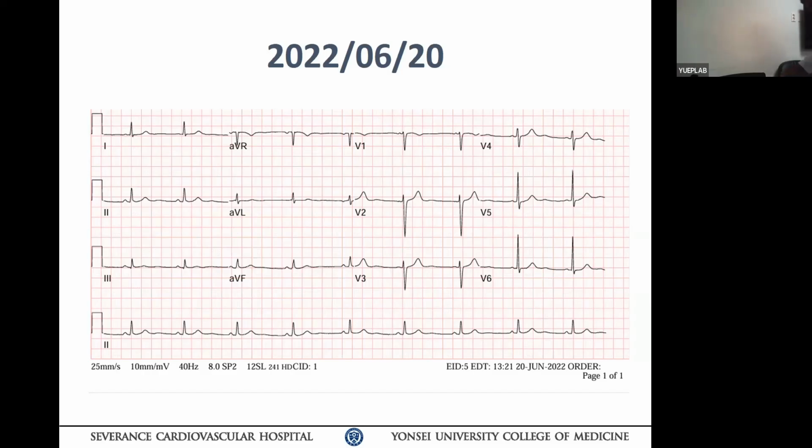First of all, the heart rate is about 70 to 80, and the axis is good: on lead 1 we can see it is positive, and on lead aVF it is positive. The P wave morphology is good, so there is no atrial enlargement.